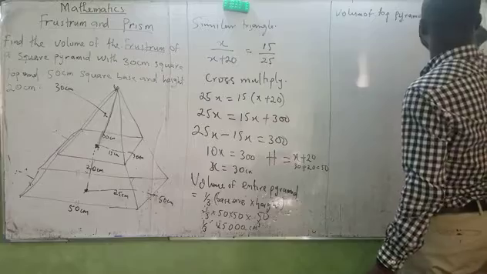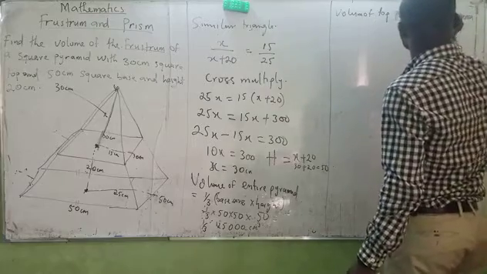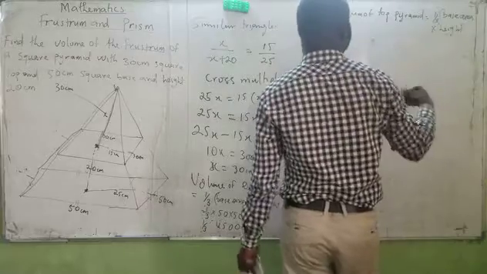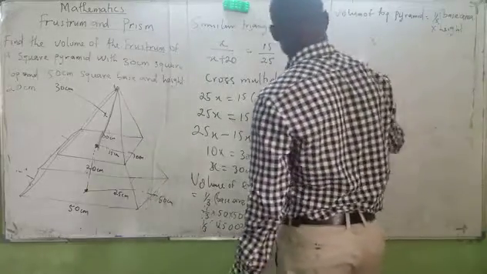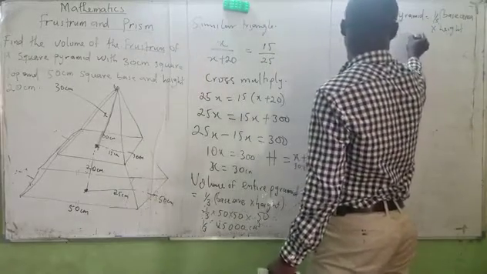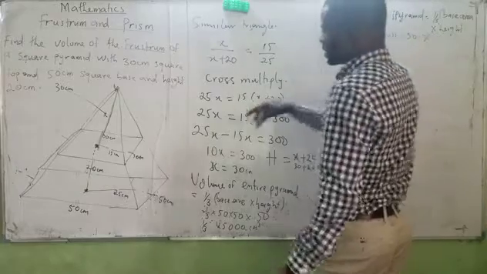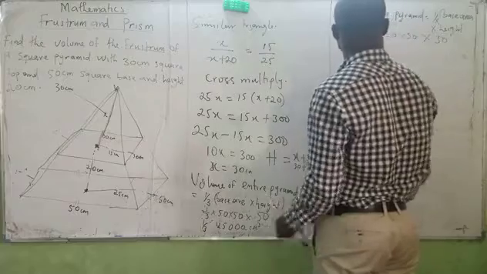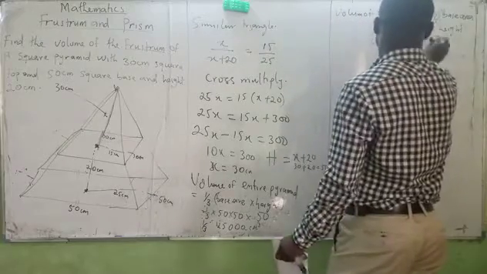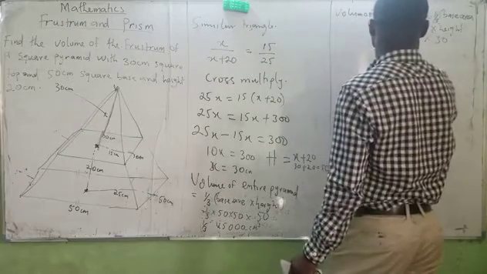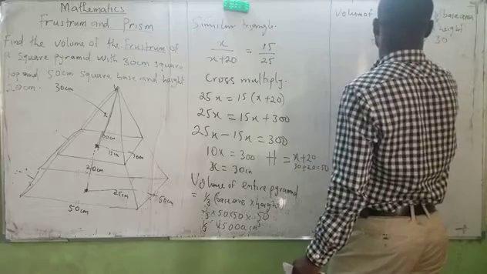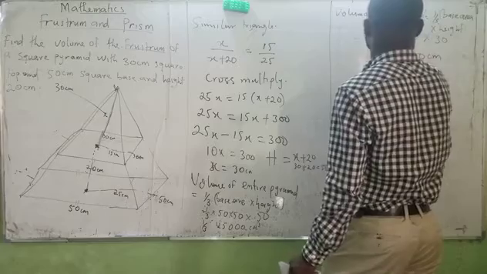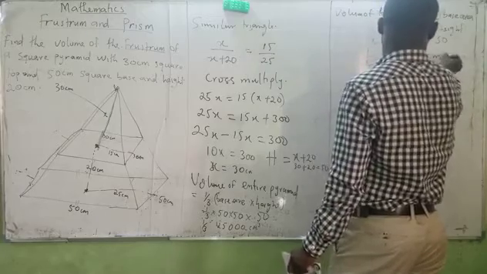Now, 1/3 of the base area, which is 30 times 30, times the height, which is x, 30 also. Now, 3 times 3 times 3, it will be 27,000 centimeter cube, 1/3.